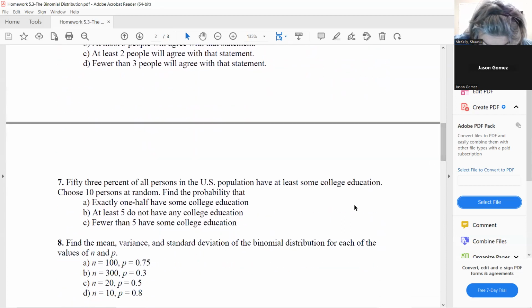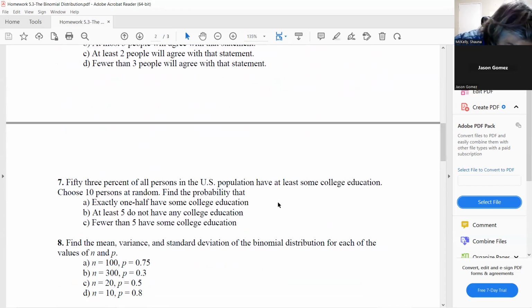Yeah, we'll do number 7 and then we'll stop there. 53% of all persons in the US population have at least some college education. Choose 10 persons at random and find the probabilities.